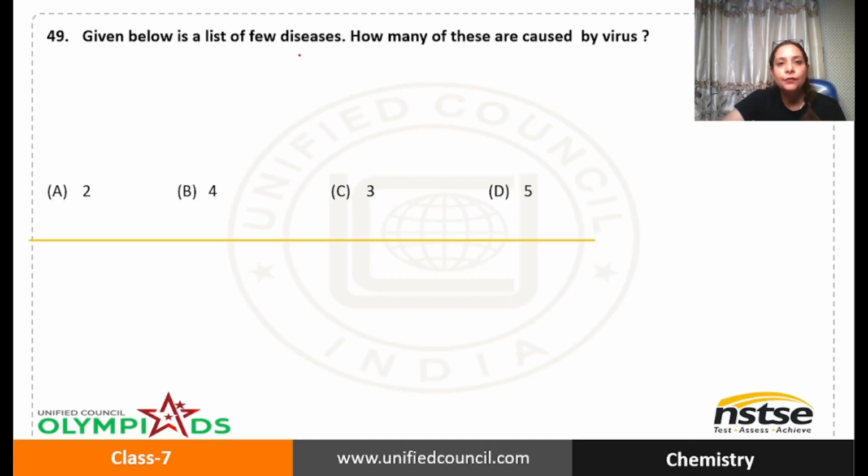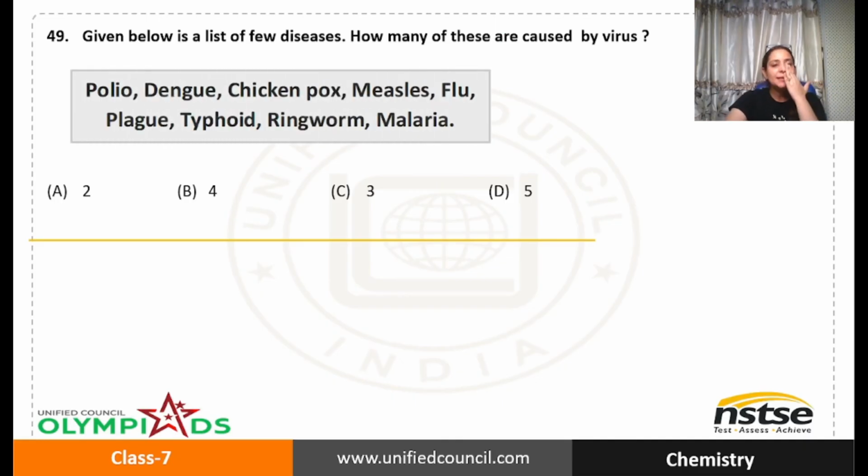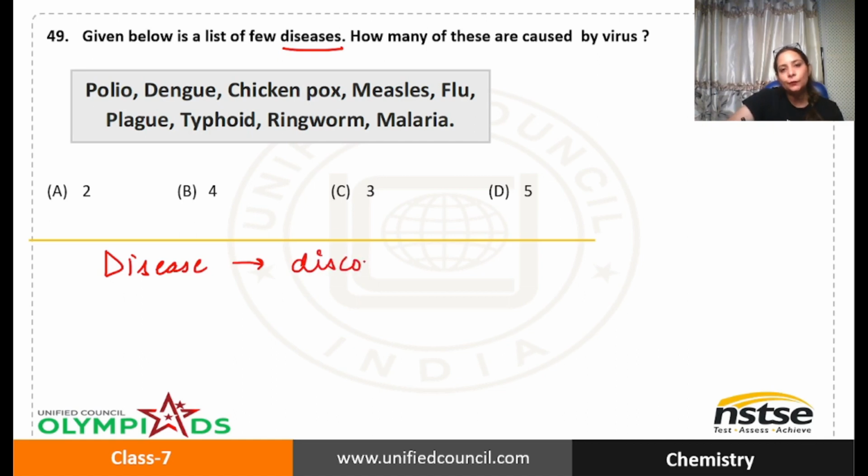Given below is a list of few diseases. How many of these are caused by virus? The diseases given are polio, dengue, chickenpox, measles, flu, plague, typhoid, ringworm and malaria. Now we know that when we talk about disease, what do we mean by disease? Disease means discomfort, or you can say that some of your body part is not properly functioning due to some reason.